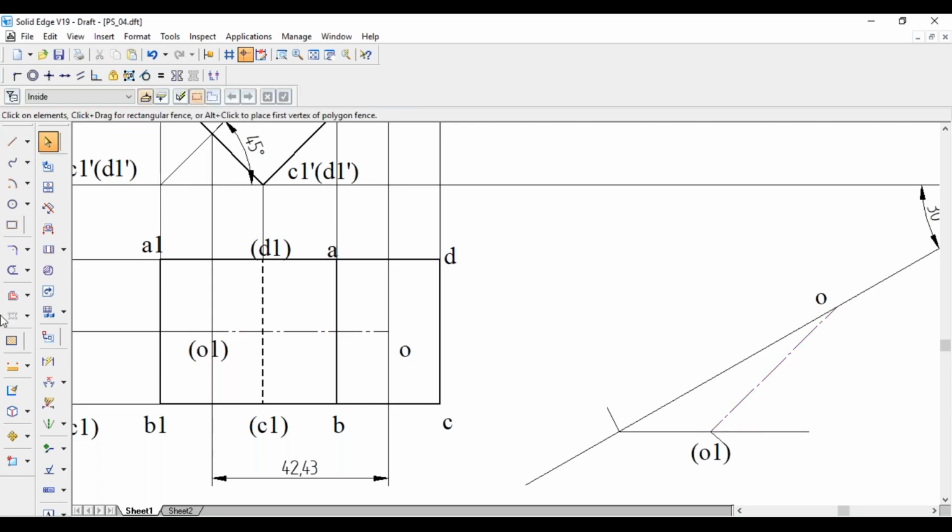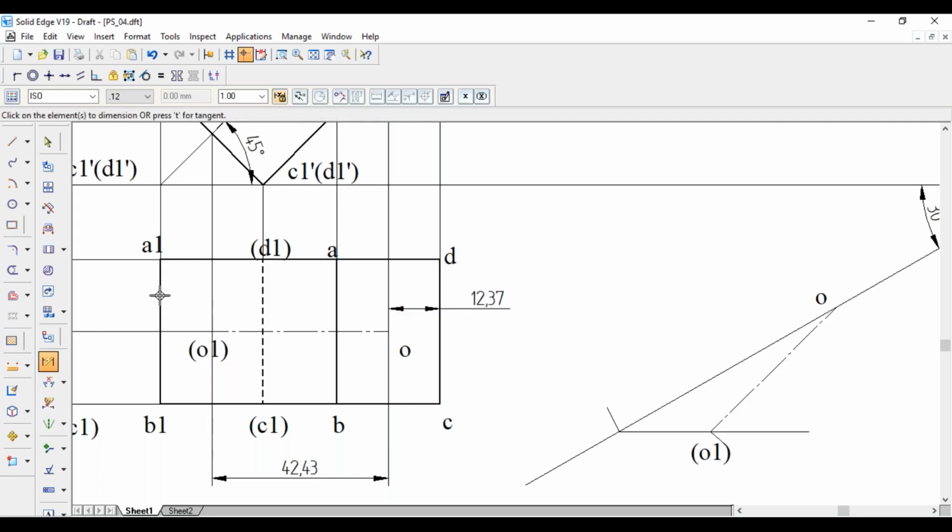Now we have to construct this rectangle outer box, that is A1, D1, AD, CB, C1, B1. We have to mark these points. To mark these points, first I will extend this O1 above and below also. Why? Because I want to fill this gap, whatever it is there. That length is 12.37.